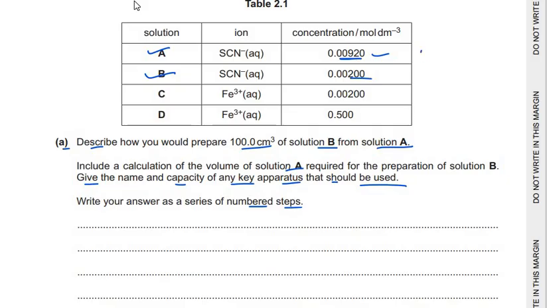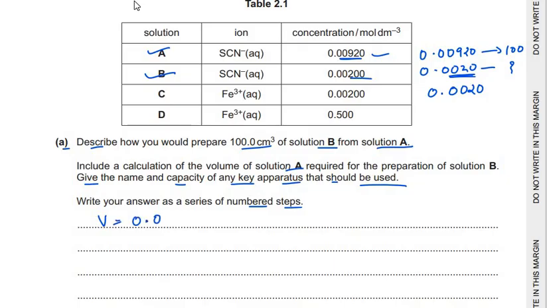If we have the concentration of 0.0920 and we are going to dilute it to 0.0020, and we are going to prepare a solution of 100 cm³, then what volume of this concentrated solution is needed? This is how I find it out, and I always tell them to cross multiply. So it's 0.0020 multiplied by 100.